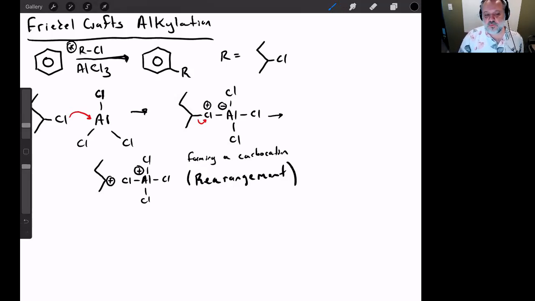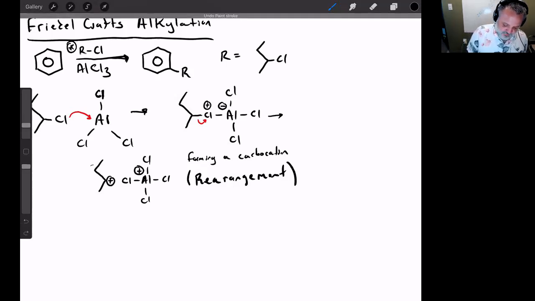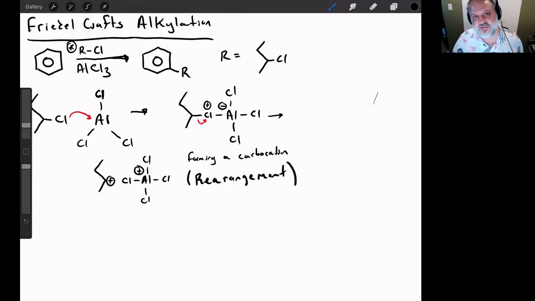There isn't a more favorable carbocation that can form, and even the other secondary position leads to the exact same carbocation, so we won't get any weird behavior.